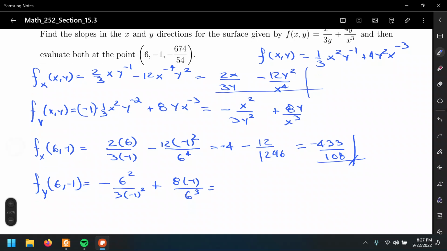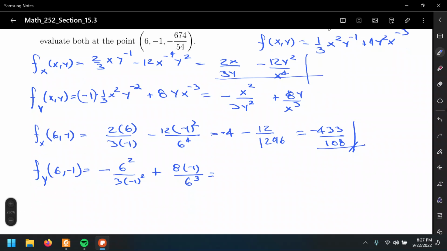Another cute number here. So that's 36 over 3, which is 12, negative 12. And plus 8 over 6 to the third power, 216. After simplifying this, we should get negative 325 over 27.